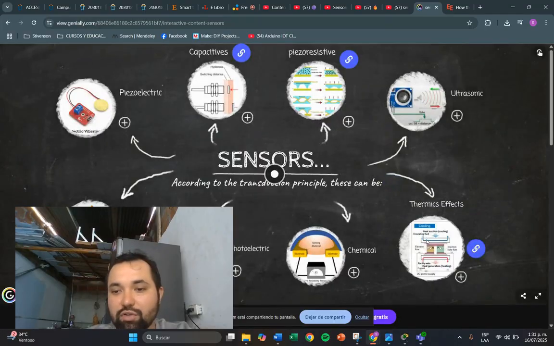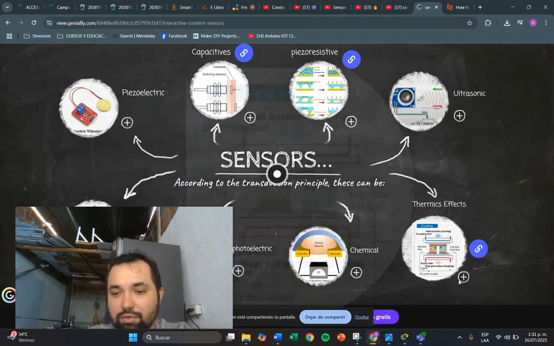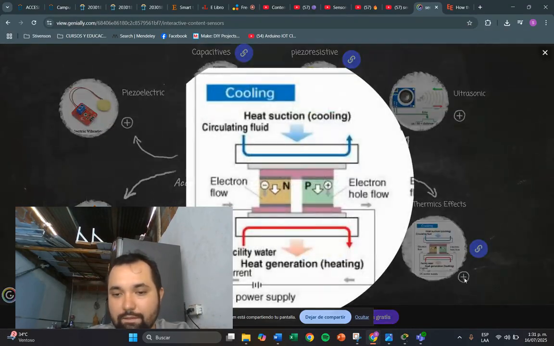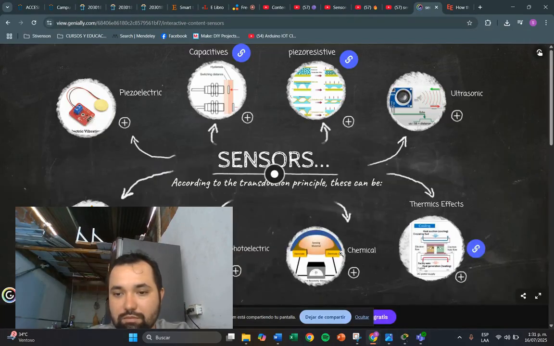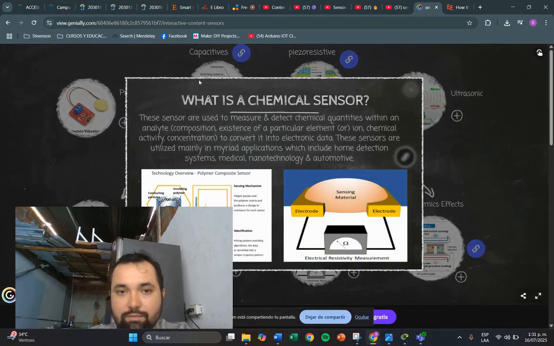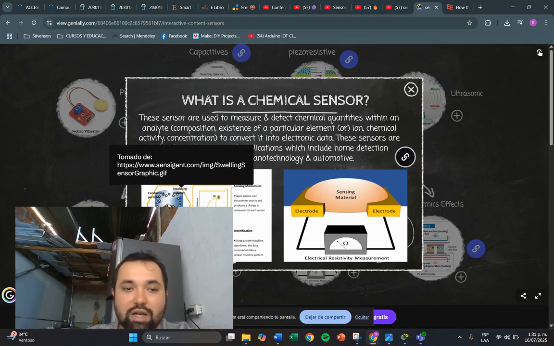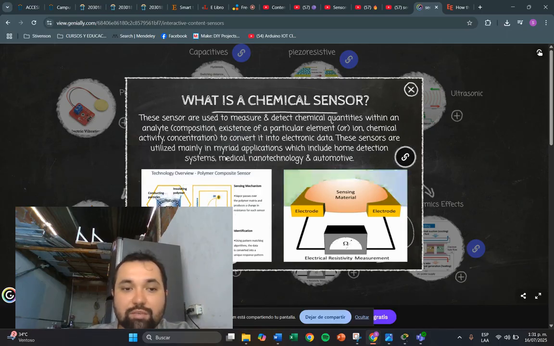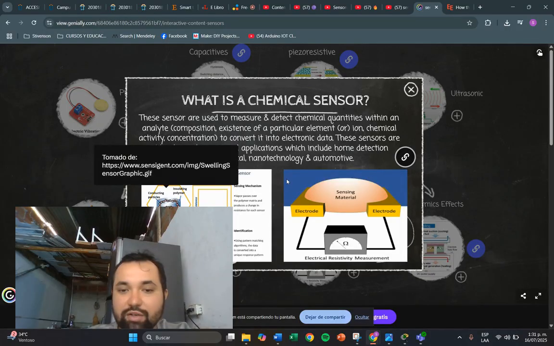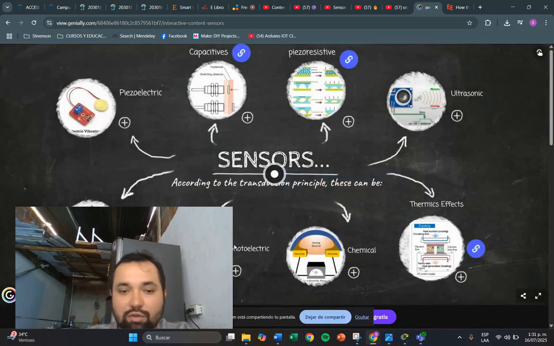And another resource, for example, this one gives motion and lets you observe the change of the resistance by electrical and chemical value. And another has, for example, a video.